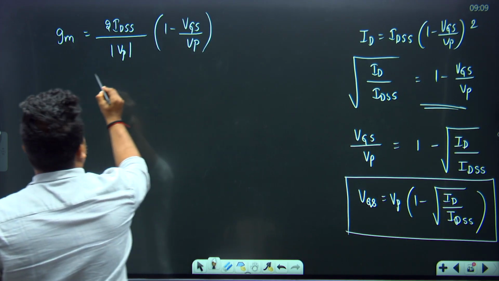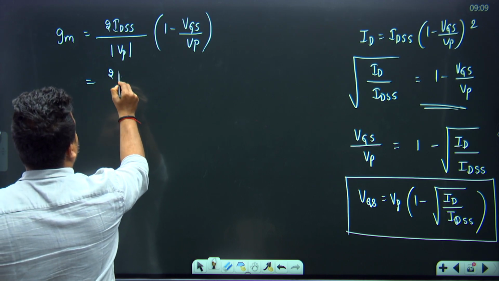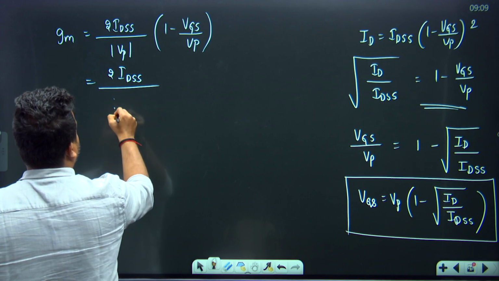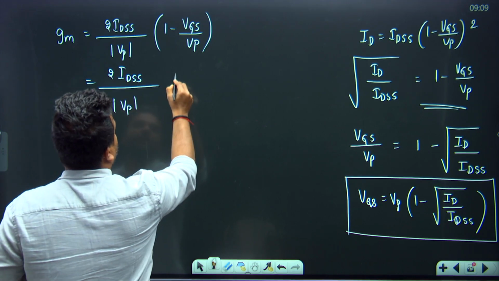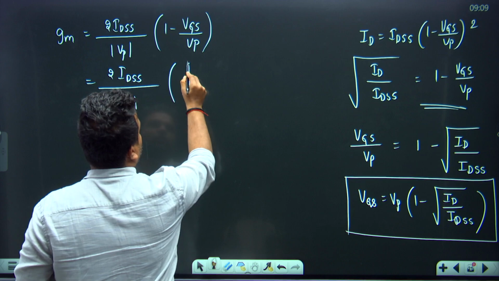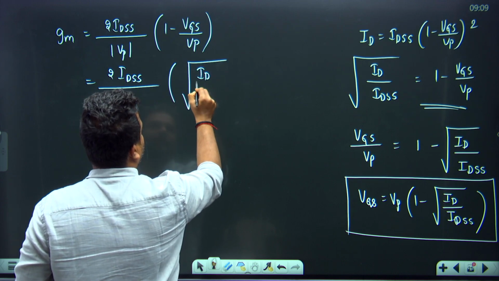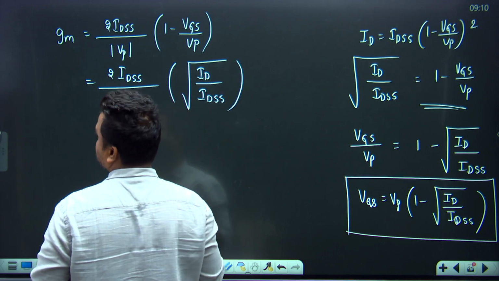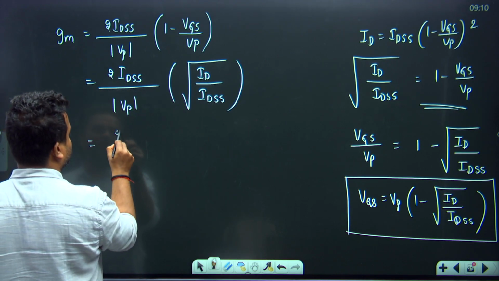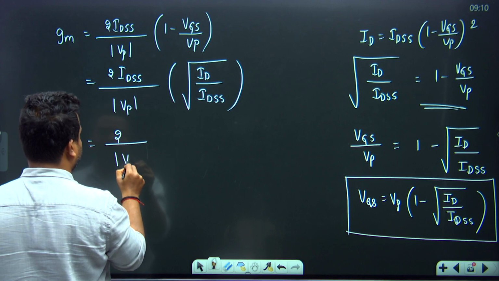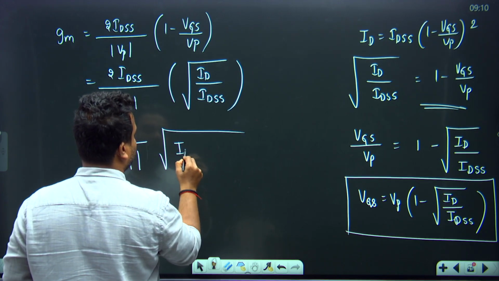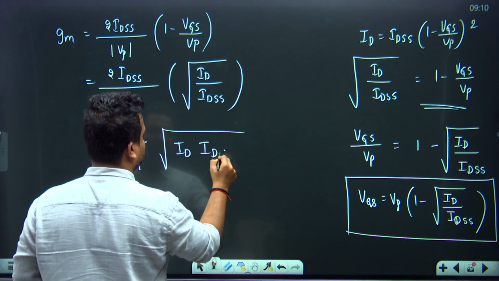Why don't you substitute here, so that 2 IDSS by mod VP into square root of ID by IDSS, this one guys. So you can rewrite it as 2 by mod VP square root of ID IDSS.